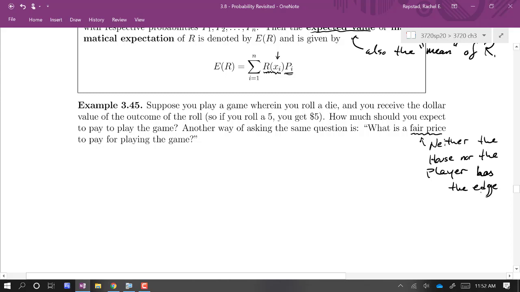So if we want to know what is a fair price, or how much you should expect to pay in order to play the game, we want to find the expected value of the random variable, meaning over time, what is the average amount we would expect to win on each game. So let's define the random variable.